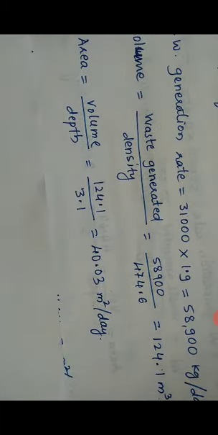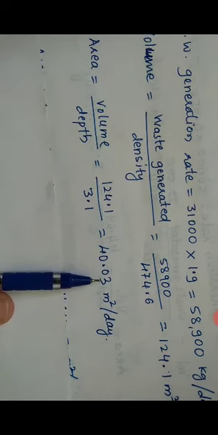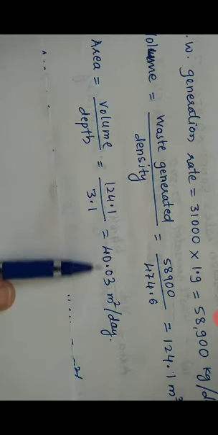Then we need to find the area per year, because if you construct a landfill, it will not be for one day or one month. It will be for a minimum of 5 years. You are going to dump the waste into the landfill for 5 years, such that you have to design. We have got the answer per day: this much area is required per day, that is 40.03 meter square per day.